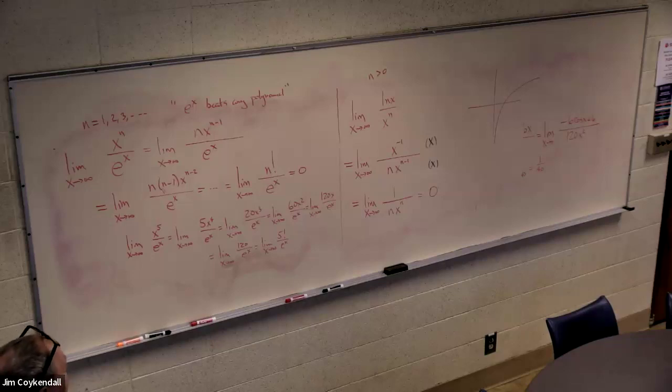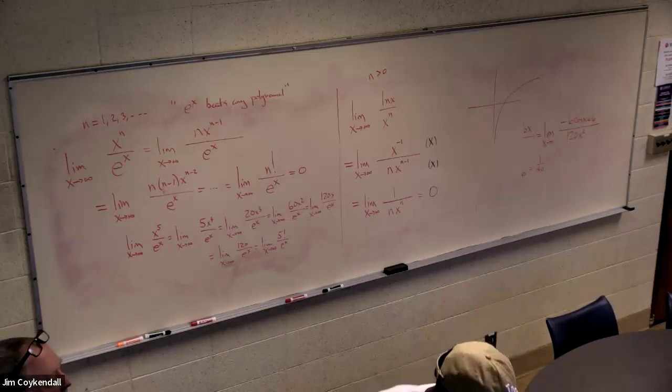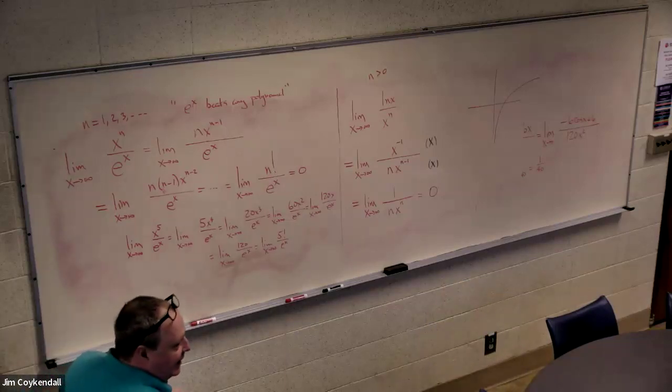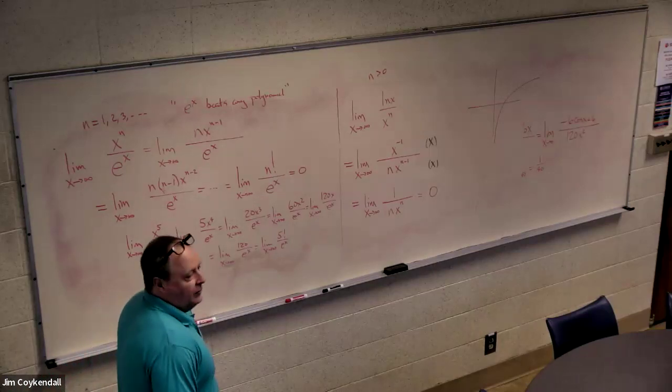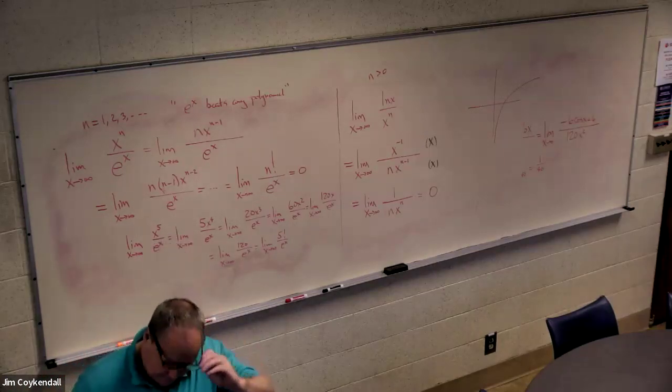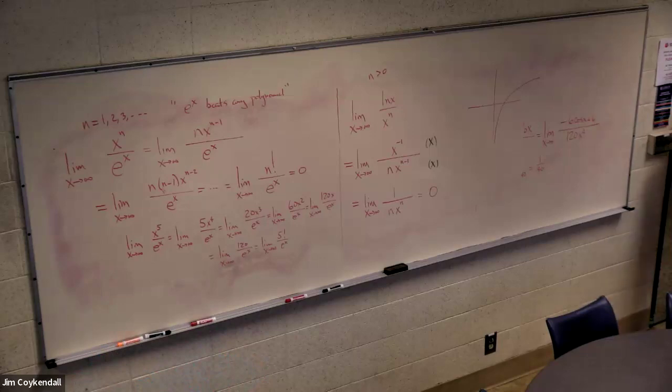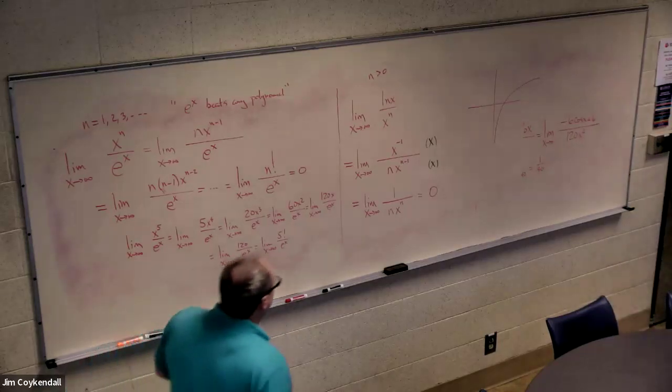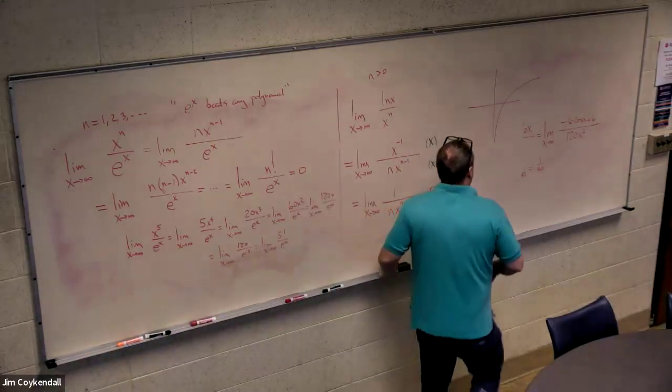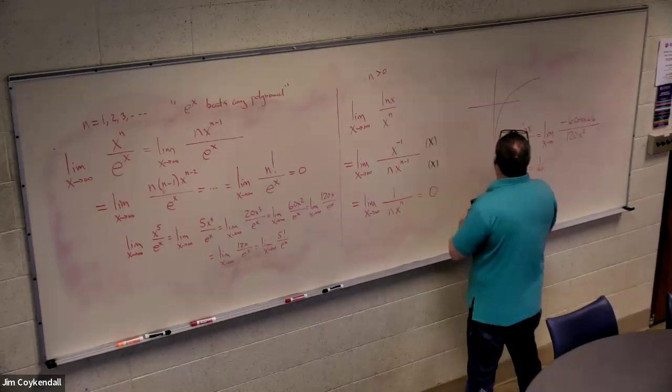Because what's going on there is even x to the 1 over a billion power, a very tiny positive power, will eventually beat the log. It'll outgrow it. Any questions?